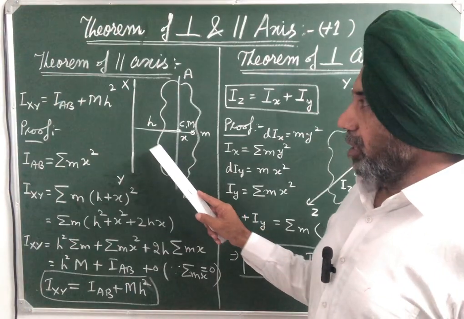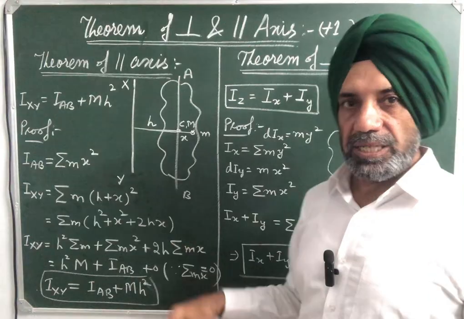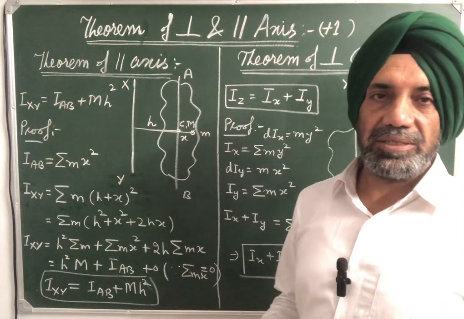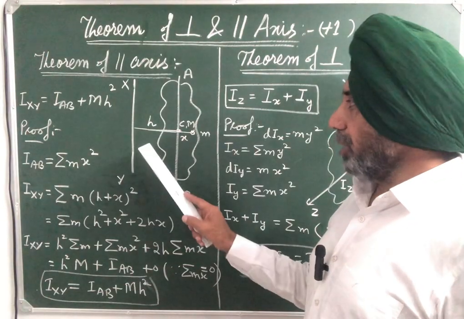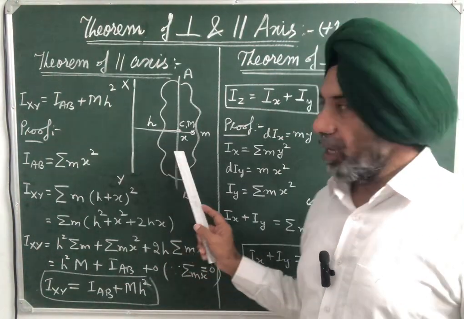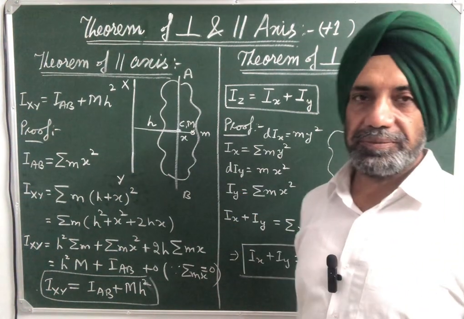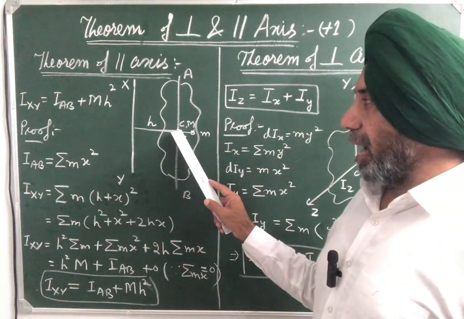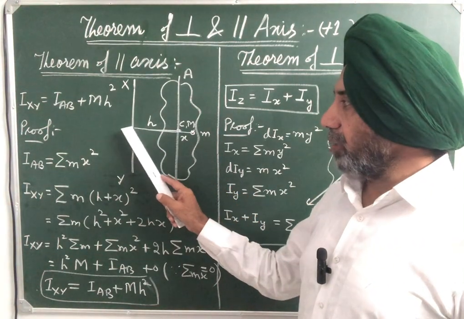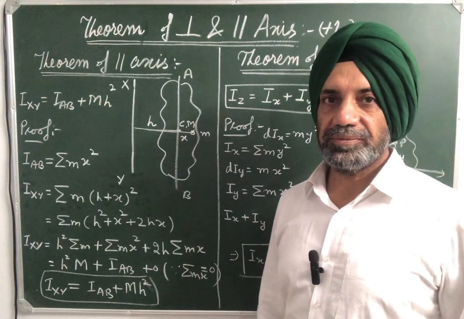So according to the theorem of parallel axis, the moment of inertia of any rigid body about any axis is equal to the sum of the moment of inertia of the rigid body about a parallel axis passing through its center of mass and the product of the mass of the rigid body and the square of the perpendicular distance between the two parallel axes.